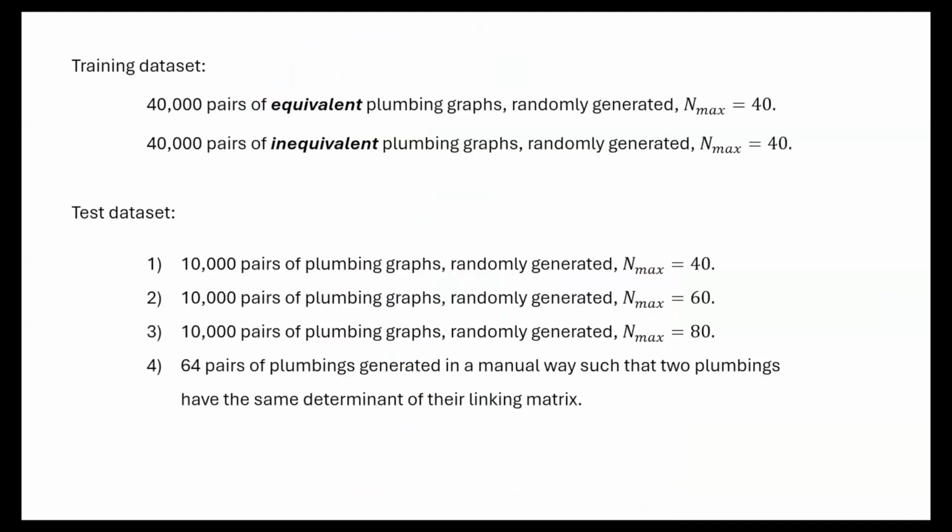Yeah, so for the training data set, we randomly generated 80,000 pairs of plumbing graphs. Here we say equivalent plumbing graphs, which means they represent the same three-manifold, and inequivalent represent different ones. For example, for equivalent pairs of plumbing graphs, we generate one random plumbing graph and apply random Neumann moves 40 times, up to n max.